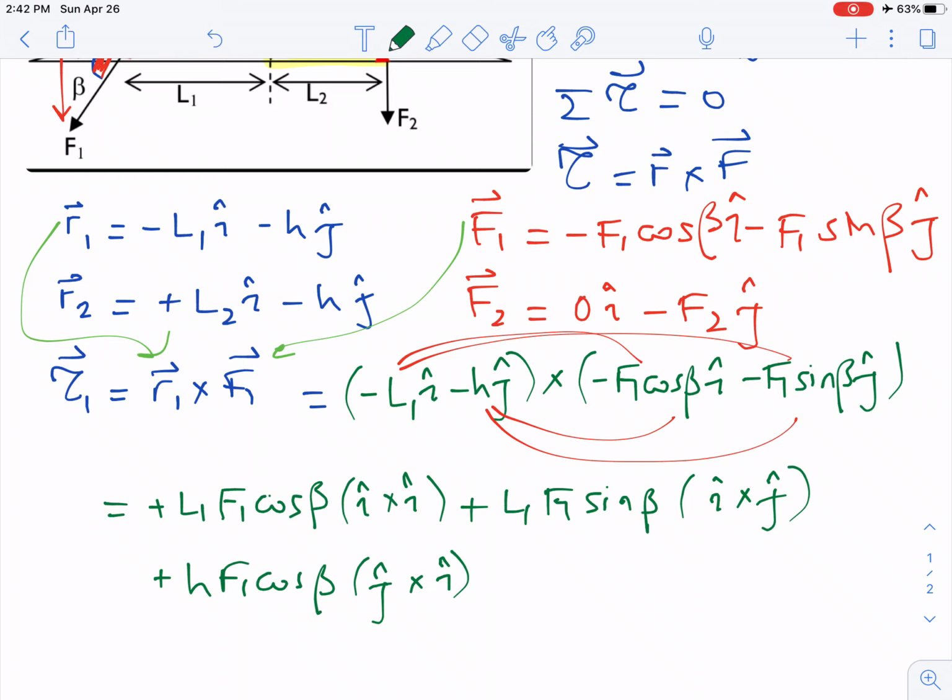So we are doing the y component of R1 and y component of F1. Again, both negative. It will give us positive value H for R1, R1y basically, and F1y is F1 sine beta. So what do we multiply in vectors? It's j cross j.